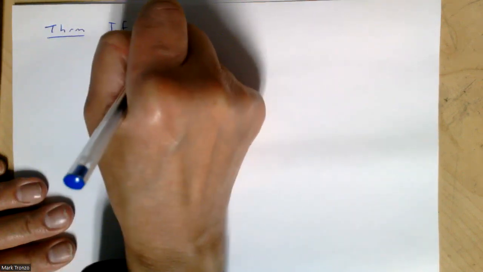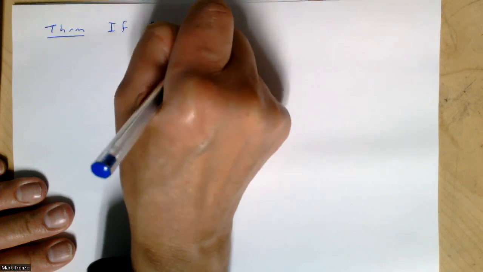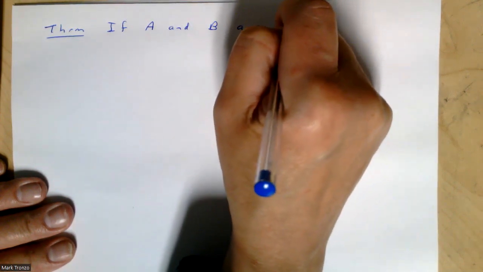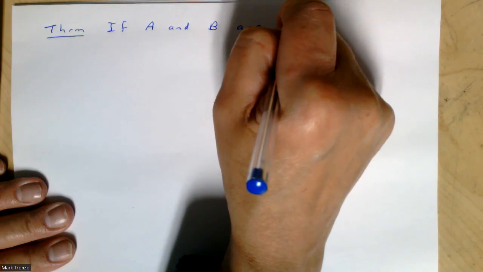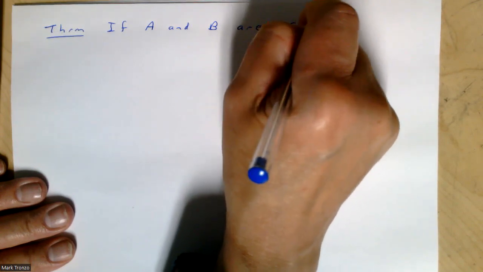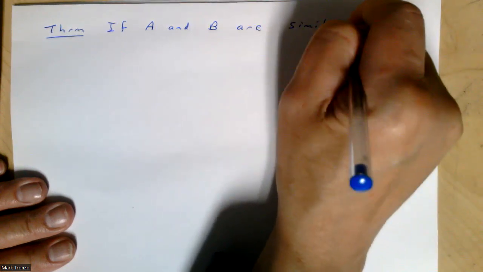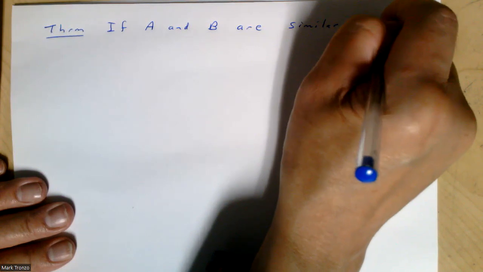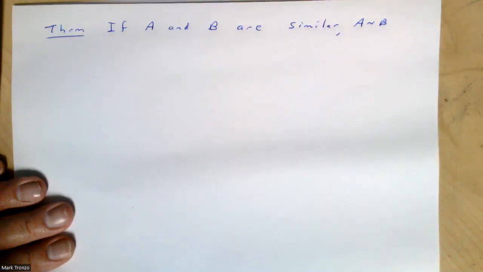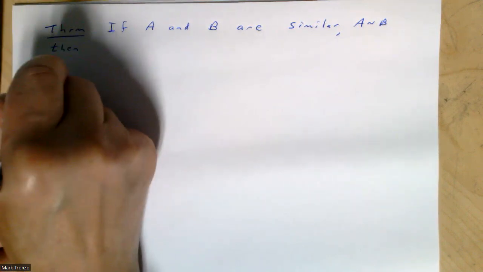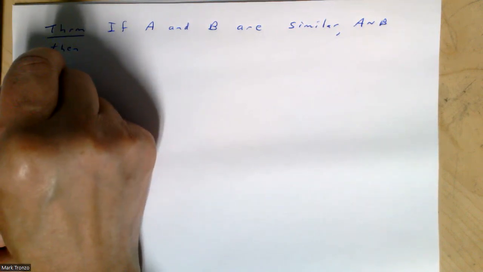If A and B are similar, that means A is similar to B, then we have several properties.